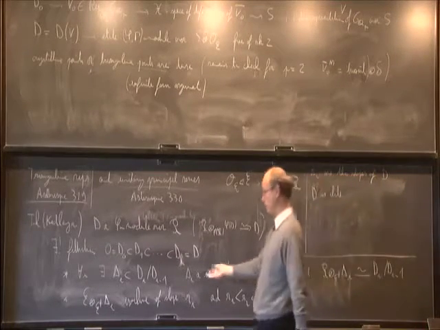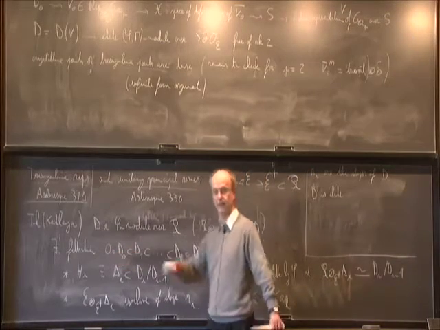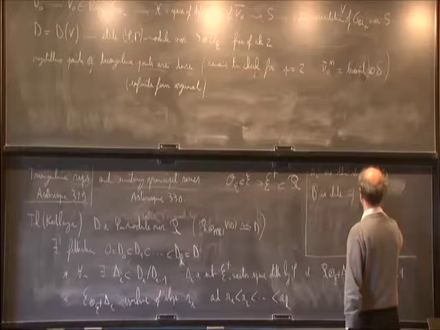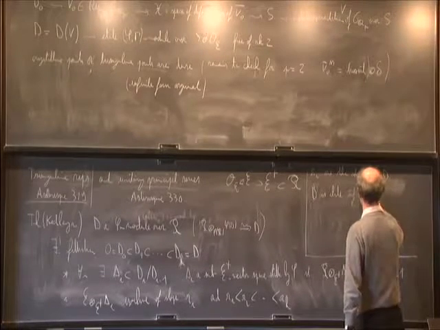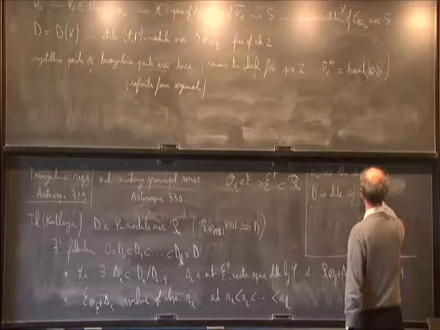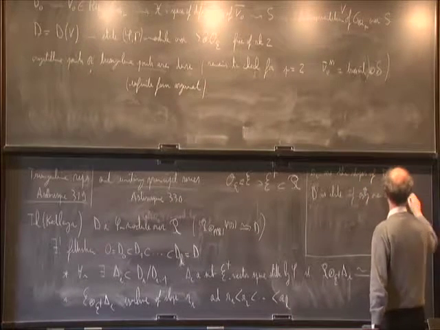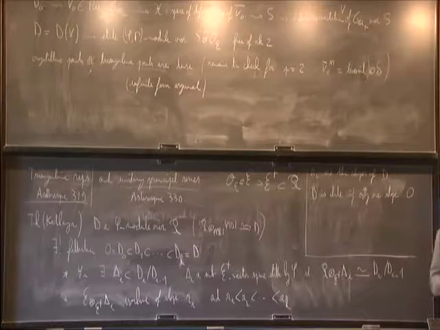Meaning that you have only one object in this filtration, and there is only one slope, which is 0. Okay?